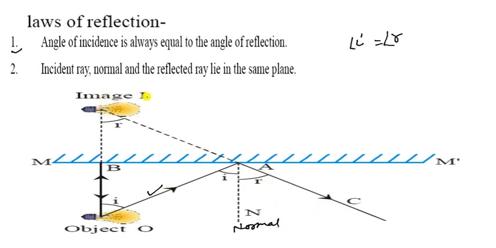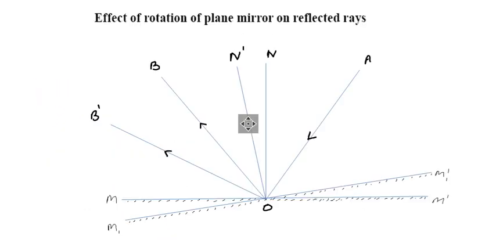And this one is the reflected ray. The second law: the incident ray, the normal and the reflected ray all lie in the same plane, and they meet at the incident point. That point is called the point of incidence. So these are the laws of reflection.